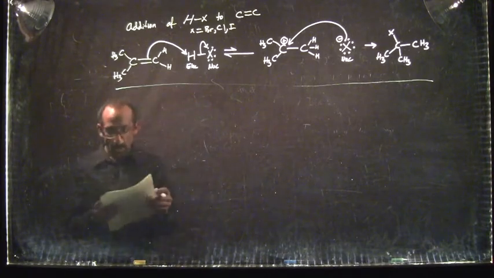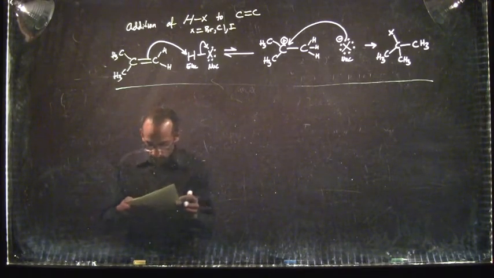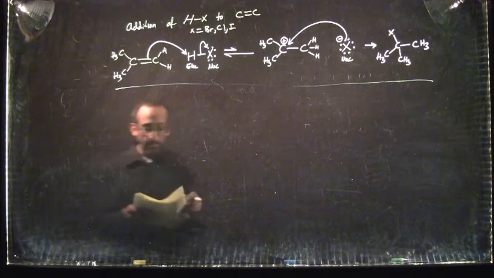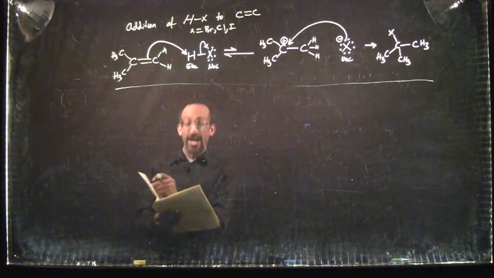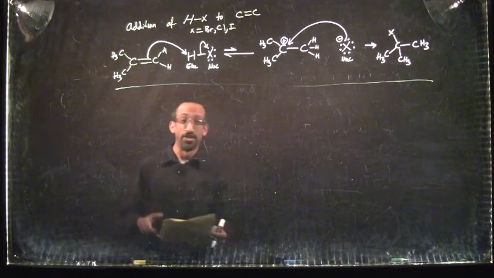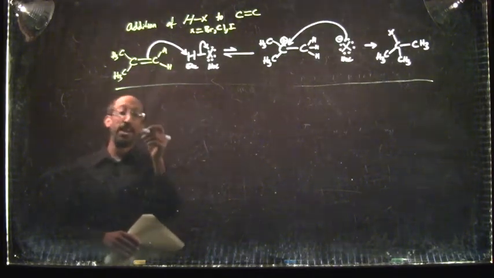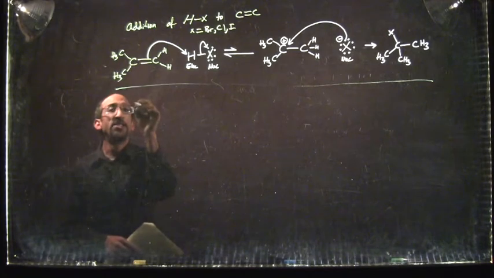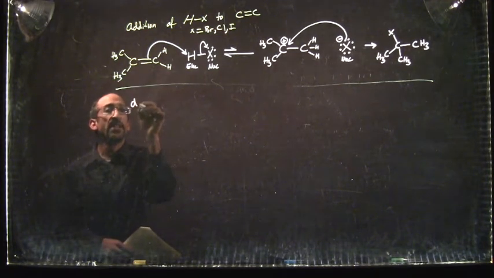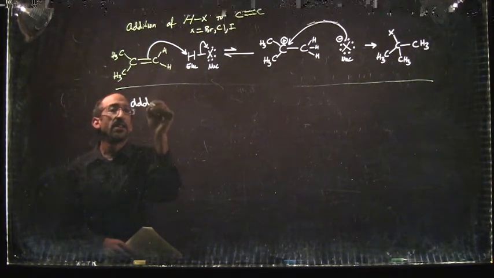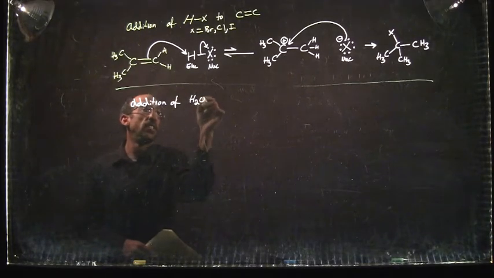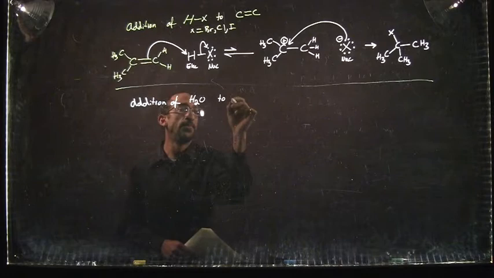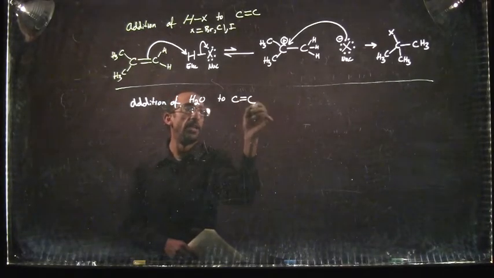So now we're going to add water across the double bond, skipping ahead to a future video lecture. So our next one is going to be addition of H2O to our carbon-carbon double bond.